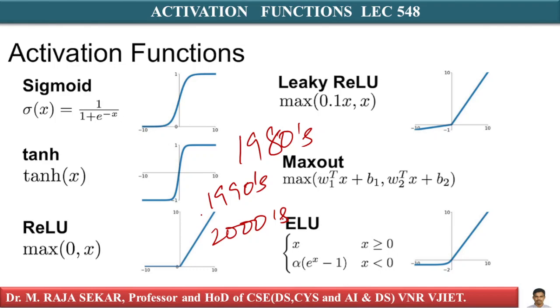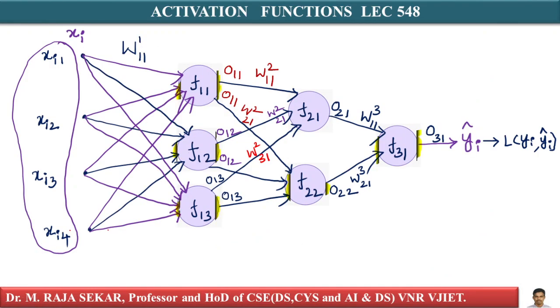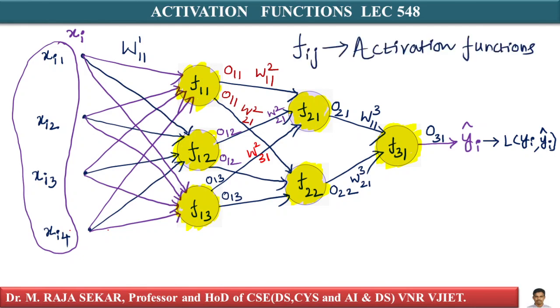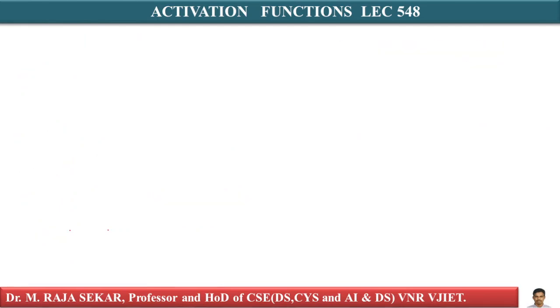Activation functions are the functions F_ij that each neuron computes. The most popular in the pre-deep-learning era of neural networks were the sigmoid activation function and the tanh function.